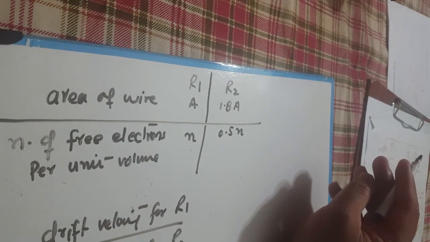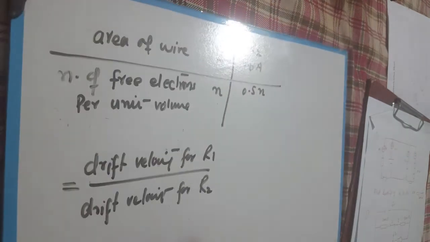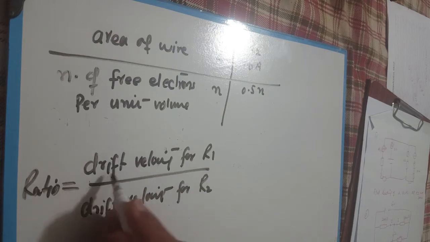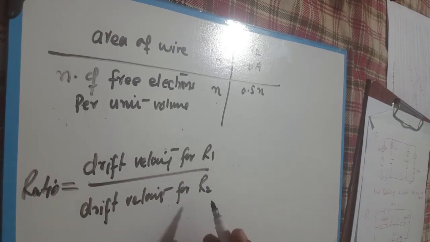There were two resistors, R1 and R2. He's not discussing R3. He says to find the ratio between the drift velocity in R1 and the drift velocity in R2.